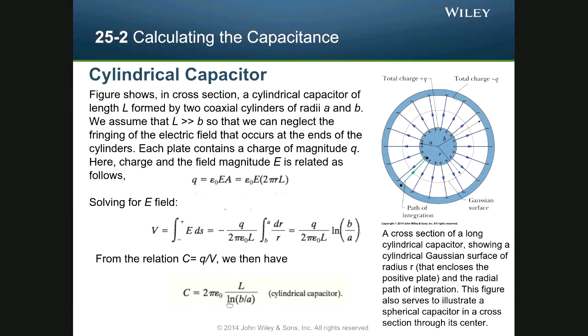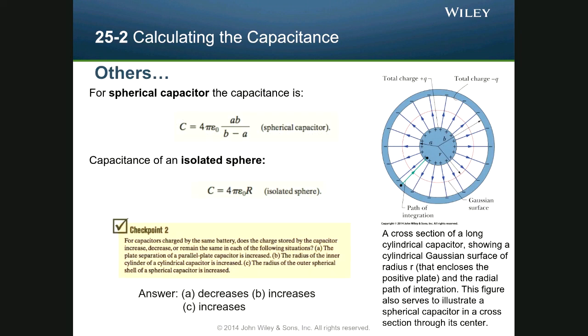As I was looking at the function, I thought, wait a minute, you can't physically get more than 1, and the ln of 1 is going to be 0. I just saw it said it increases when I clicked forward, but now that makes sense. The ln of B over A term is in the denominator, so as that term gets smaller, the capacitance will get bigger, and the Q will increase. I did it again.